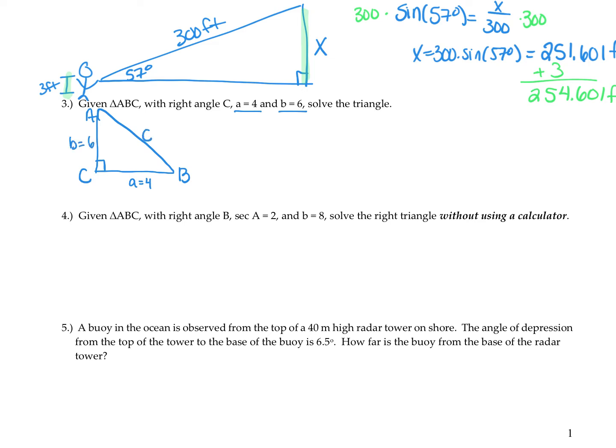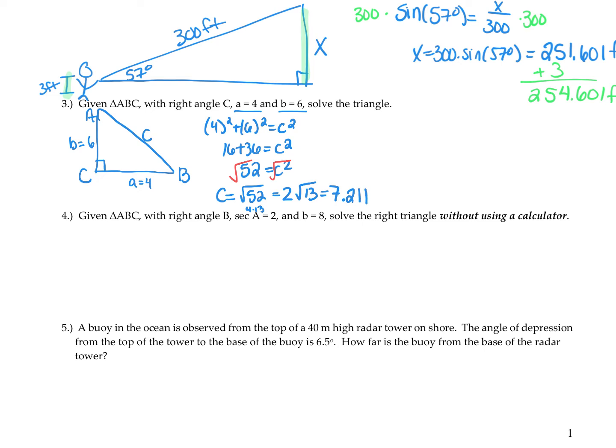The first thing I can do is solve for side C, because it's a right triangle, so I can use the Pythagorean theorem. I get C squared is 52, so C equals the square root of 52. Now 52 breaks down into 4 times 13, so this becomes 2 square root 13, or the decimal approximation is 7.211.